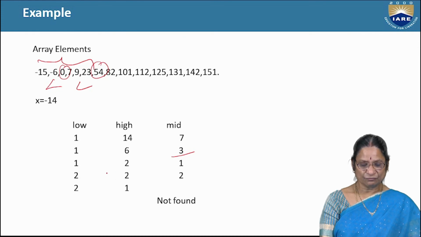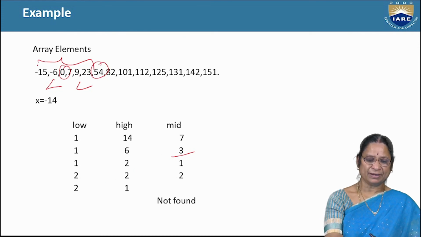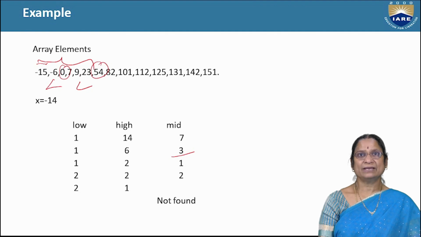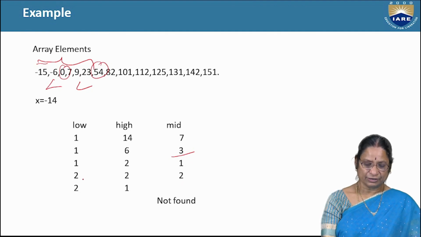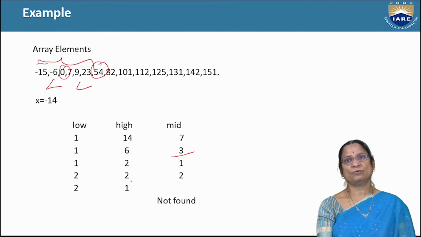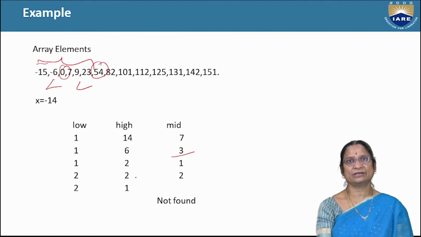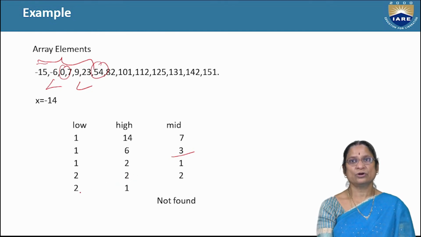Middle value of 1, 2 is again 1. I am comparing with minus 15. Minus 14 is still less than minus 15. Then lower value remains 1 and upper value is also 1. You are going to do 1 plus 1, you get 2. So 2 to 2, middle value is 2, but it is not found.